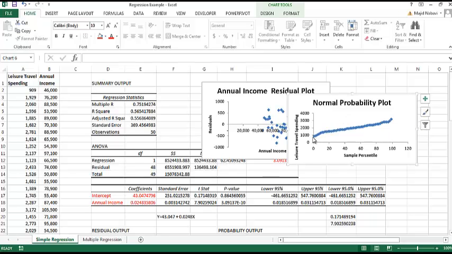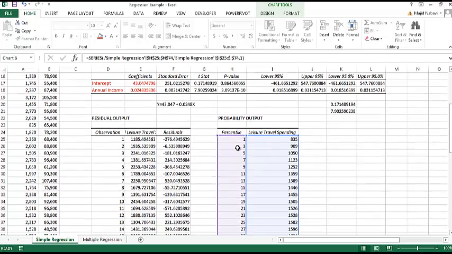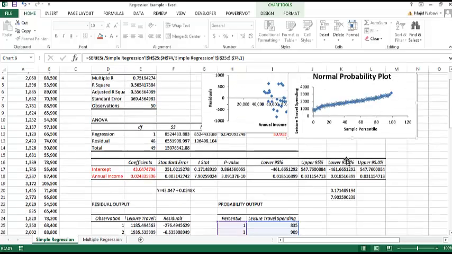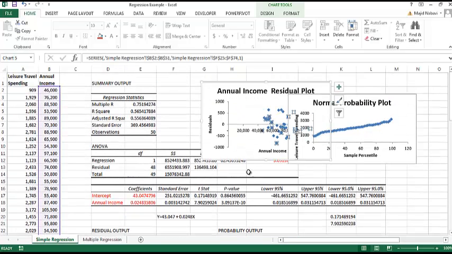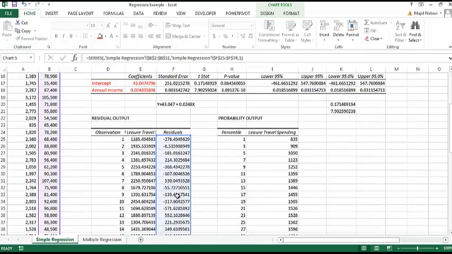If it's significantly deviated from a straight line, then the distribution of errors is not normal. By selecting the data points, we can see which columns are highlighted. Also, by selecting the residuals, we can see the annual income is highlighted and the residuals also.